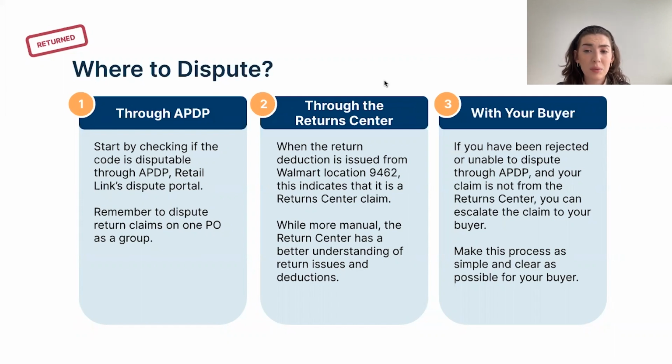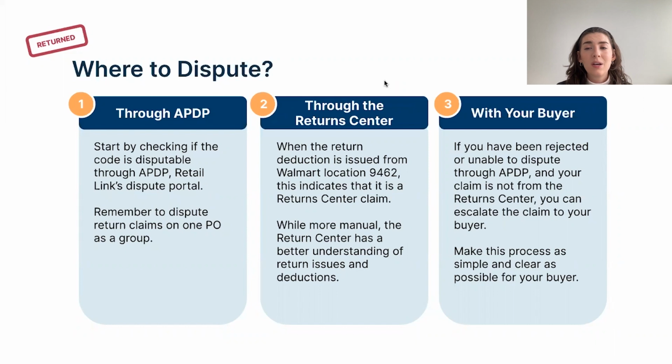So go ahead and dispute those first. If you're disputing through the return center, working with your buyer, unless it's a specific question that they would know, is probably not as helpful. They don't really work with returns often. So if you can't do those first 2 things, talk to your buyer and escalate this claim to them, especially if it's a larger claim, it's invalid.